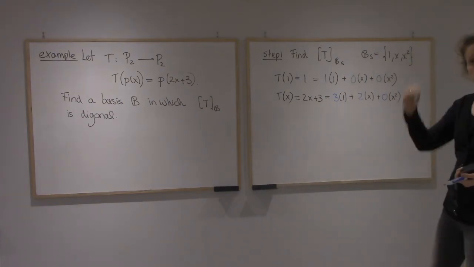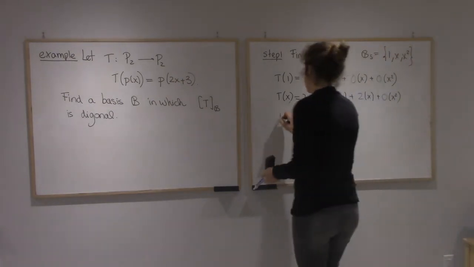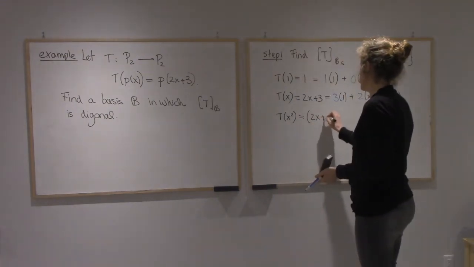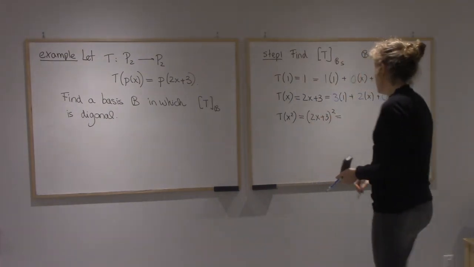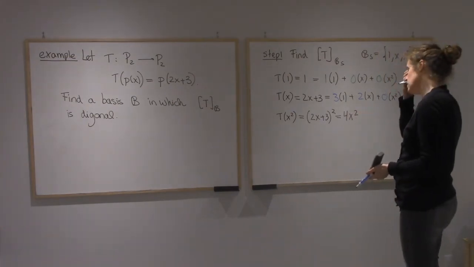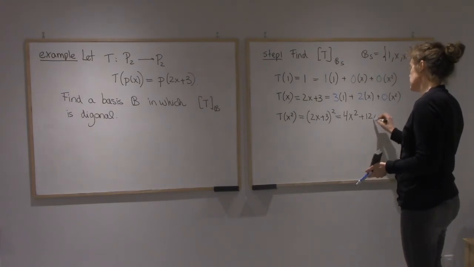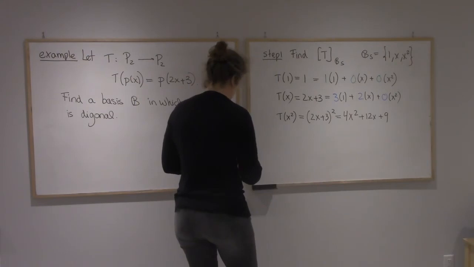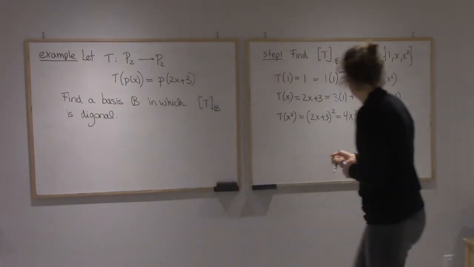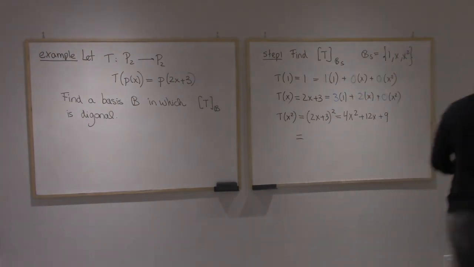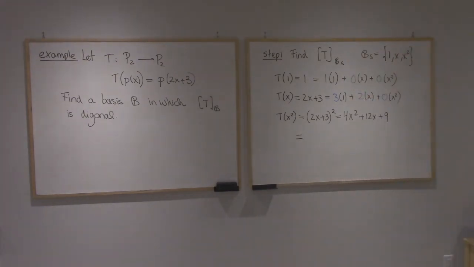So the blue entries will be my second column, and T of x squared, that will be 2x plus 3 squared. I'll get 4x squared plus 12x plus 9. Let me do it in a third color, maybe orange.